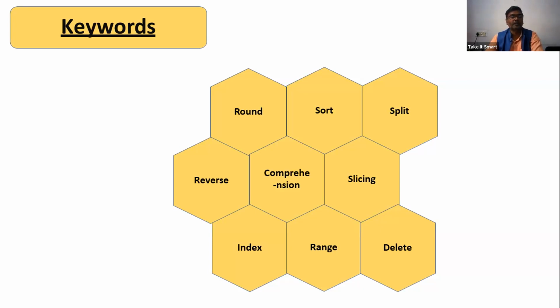Reverse: a number can be reversed. You can consider these inbuilt functions to do this work. Comprehension, slicing, index, range. Range is the length, you can say delete. These are inbuilt functions. It will be more clear when we use them.